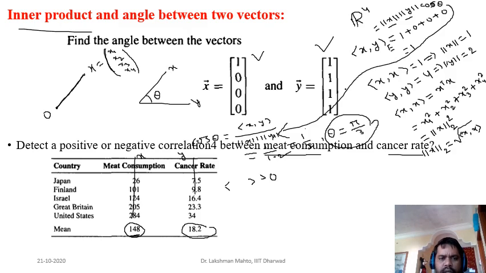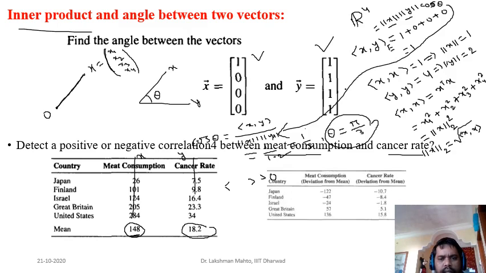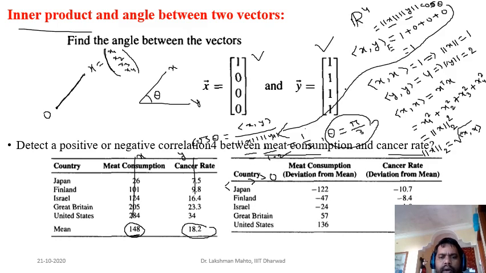So if you directly take the dot product between the first column vector and the second column vector, you will observe a positive correlation. But is it true correlation? May not be. If you want to see true correlation, you deviate the data by the mean.